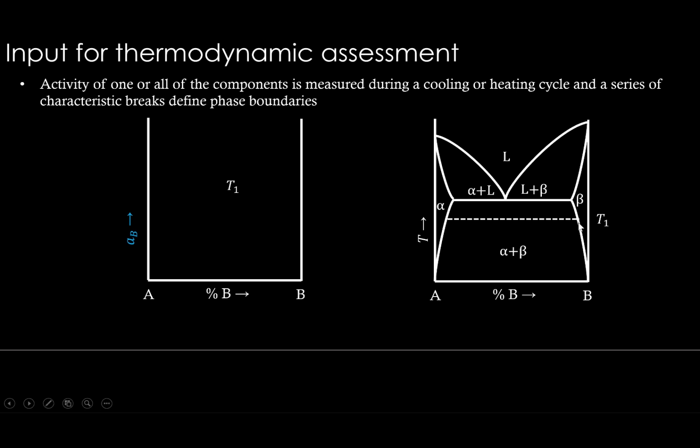And then how is the chemical potential of B will be if we cross this line? We are getting into beta single phase. There B is there quite a bit. B is the solvent kind of thing and A is the solute.